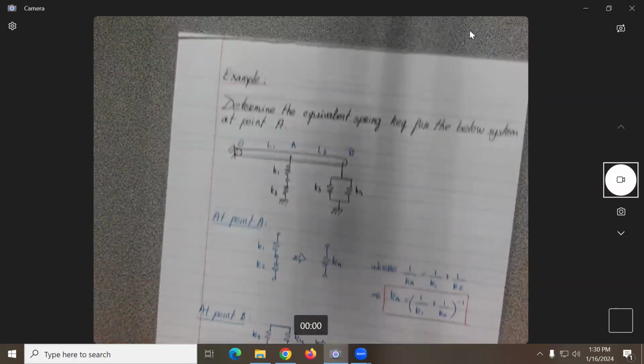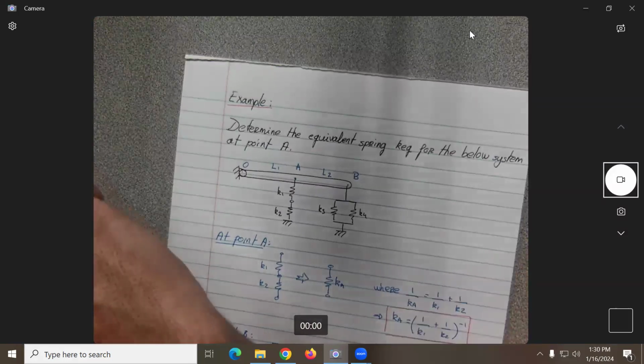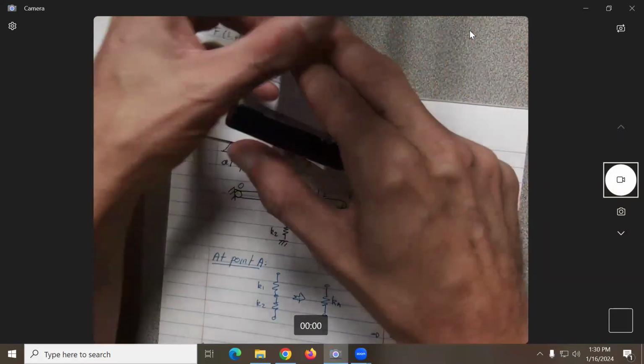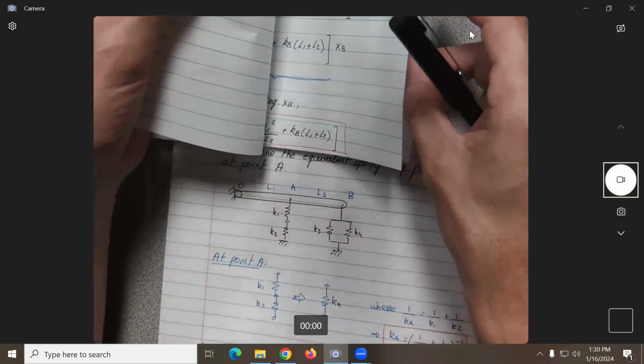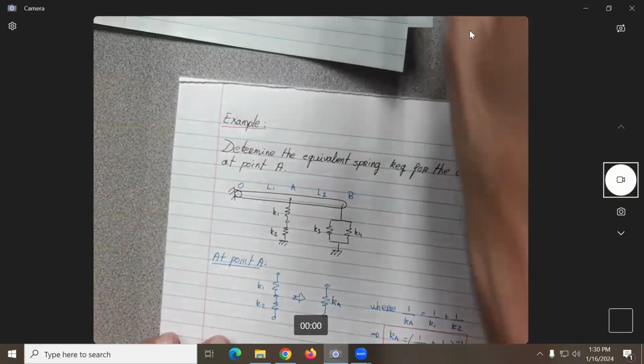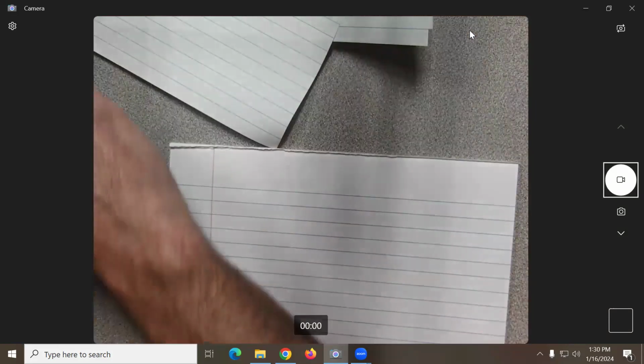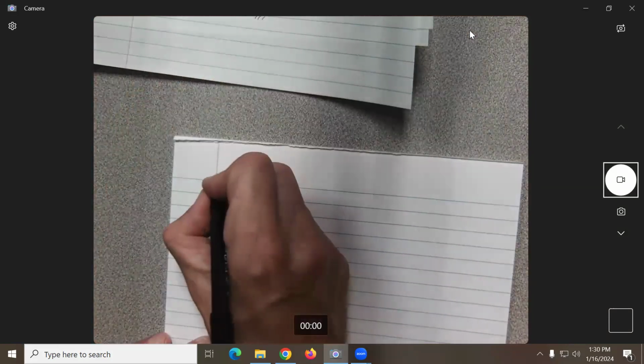Okay, so now we go to the four steps. Should be 1, 2, 3, 4, 5. Okay, so let's go to the first step. What was the first step? All right, so let's do the free body diagram.